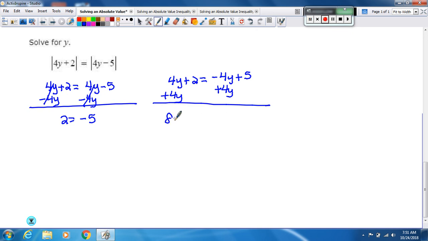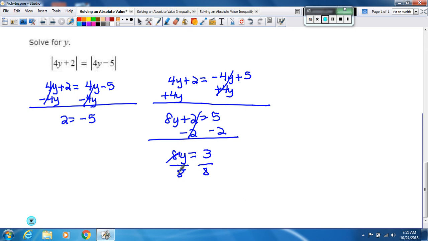So I get 8y plus 2 equals, opposites cancel, 5. I'm going to subtract 2 from both sides. So 8y equals 5 take away 2, which is 3. Divide both sides by 8. Top cancels with bottom. This fraction does not simplify, so 3 over 8 is your actual answer.